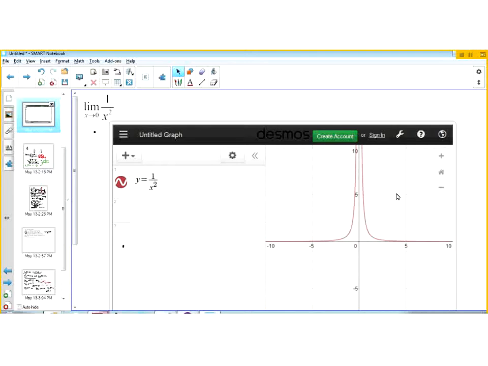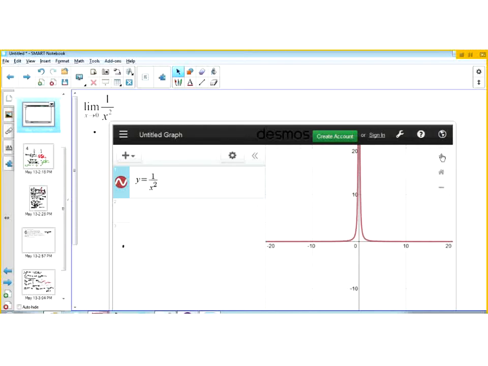Now, what we can do is trace. We can zoom out, and we can go for a walk. So let's approach 0 from the left. Notice that as I approach 0, look at my corresponding output values. My x values are getting closer and closer to 0, and look at the output values.